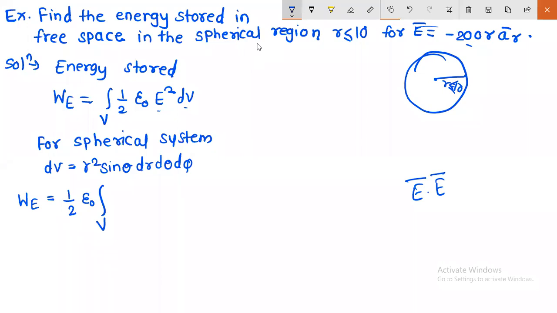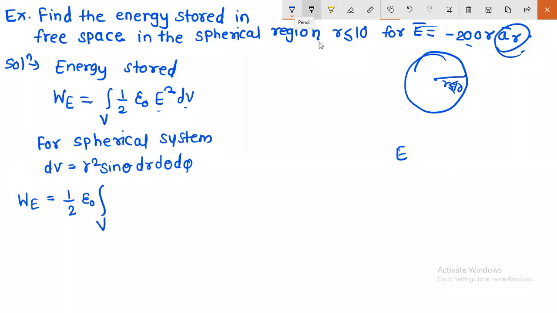When we are taking the mod of E bar, it is E square, means we are not considering the unit vector here. E bar dot E bar, all of you getting how it is taken? Just wait, I will tell you.